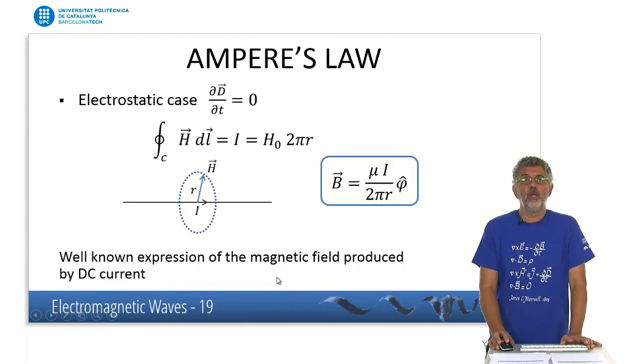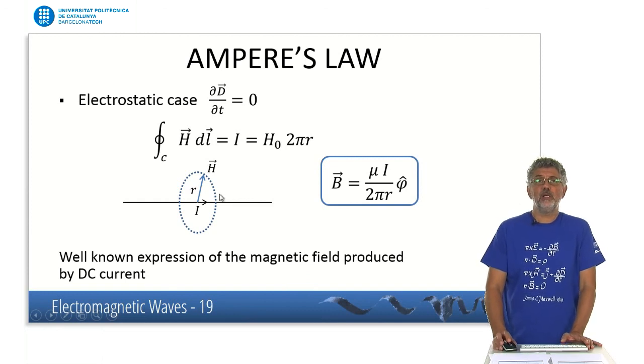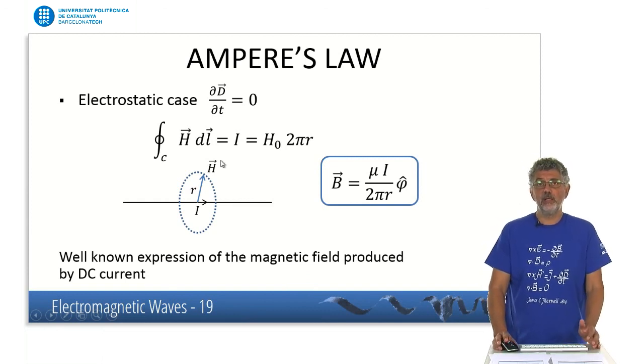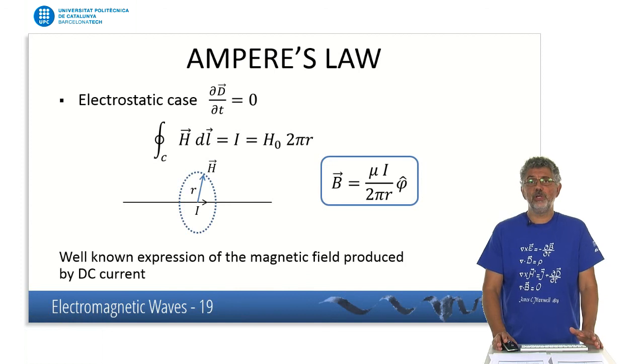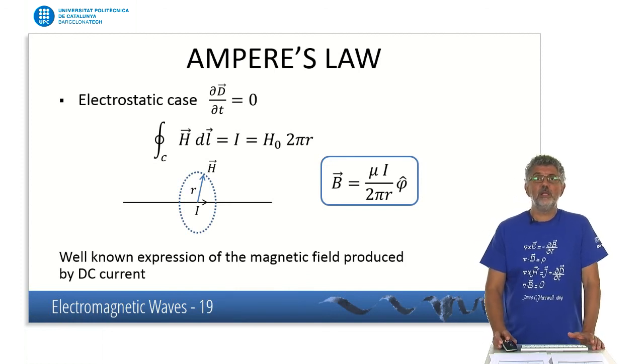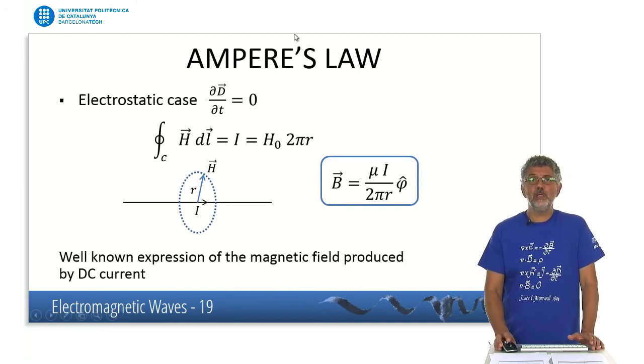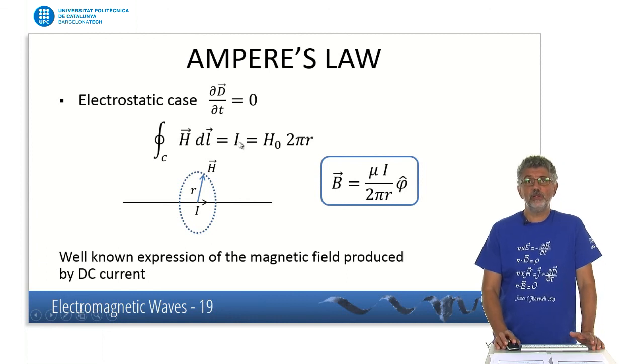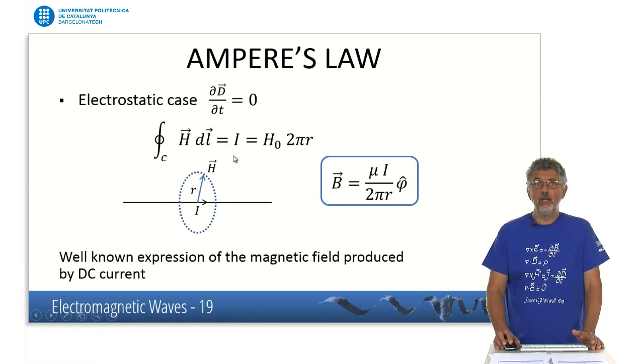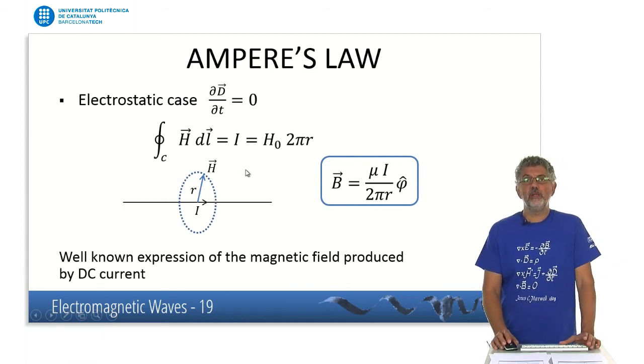Now, if we consider the electrostatic case, it means that the fields do not change with time, so the time derivative of D is zero, and the previous expression becomes this one. Because of the symmetry of the problem, we have a certain current, and we can understand that the magnetic field along this path will be constant, so we can write this relationship.